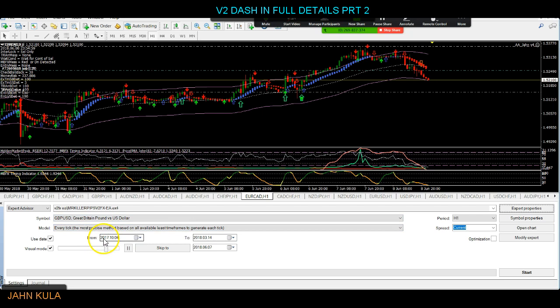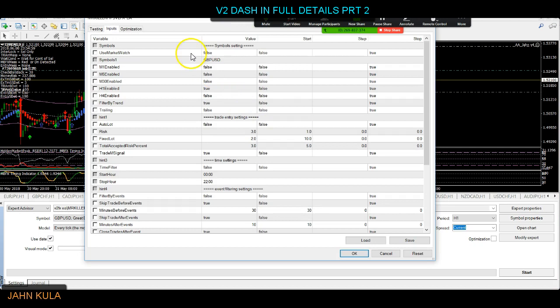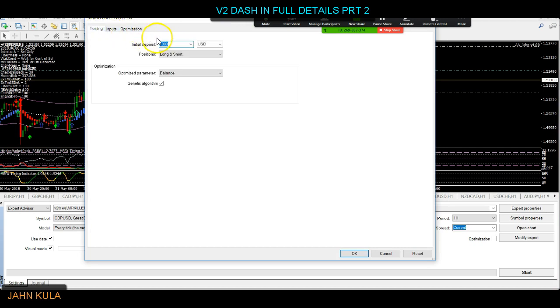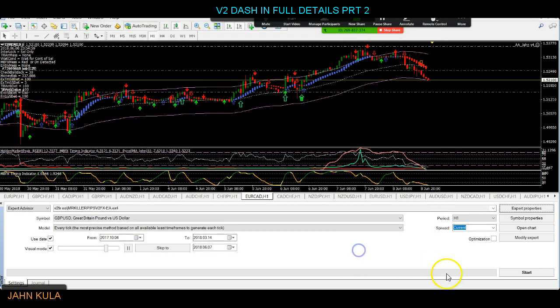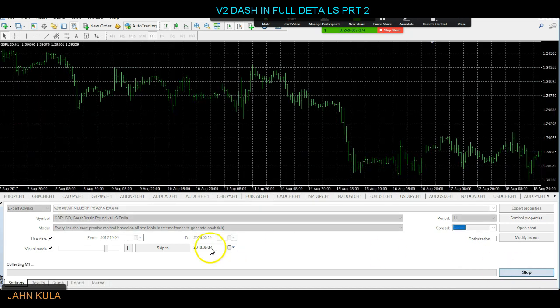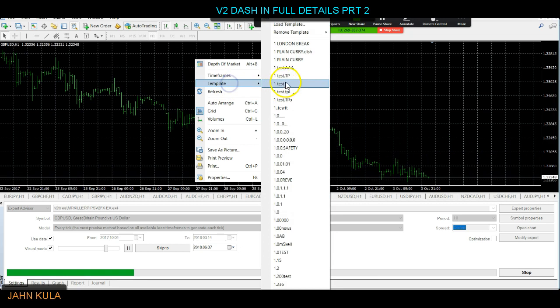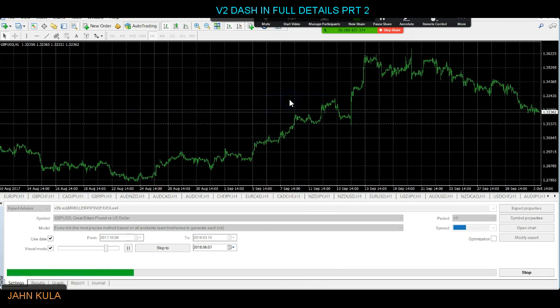If I can just run it from 2017 10 to 2018 3 14, so that's like 6 months. We're going to test it optimized on a 1,000 account. So we click OK, and we just load. Let's load the test. I think I was testing it on this one.